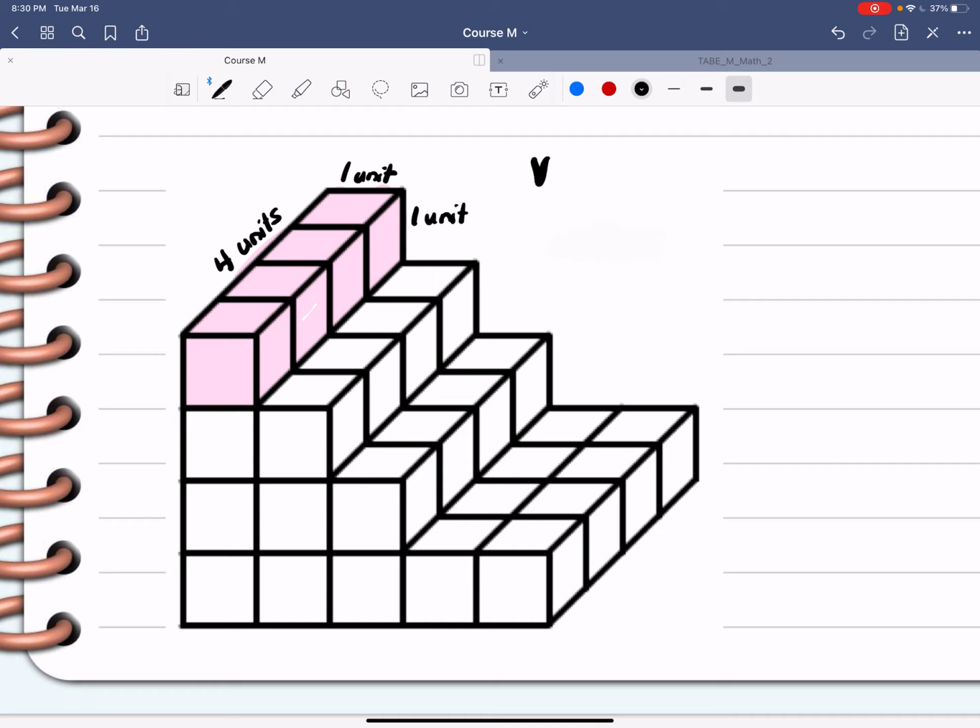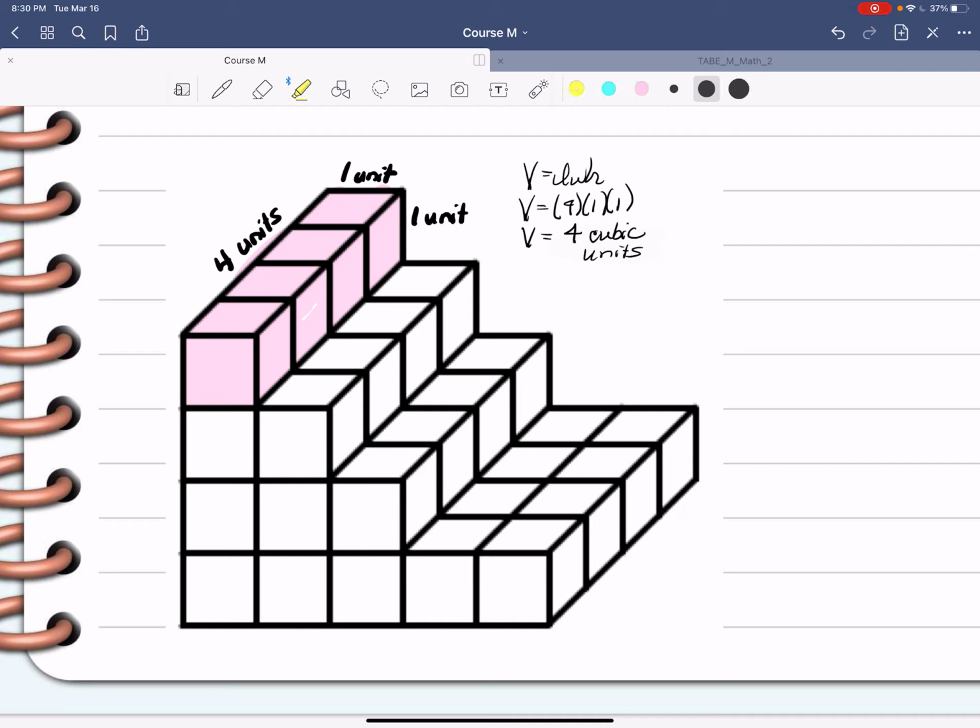Volume would be length times width times height, so that's going to be 4 times 1 times 1. So the volume of that piece that I colored is 4 cubic units. And you can see that that's true. I can tell you looking at that that's 4 cubic units.